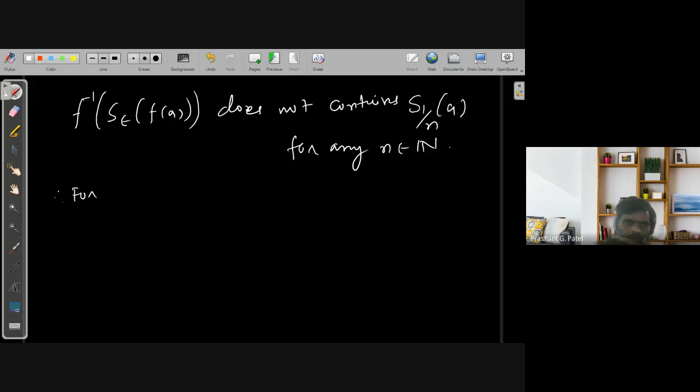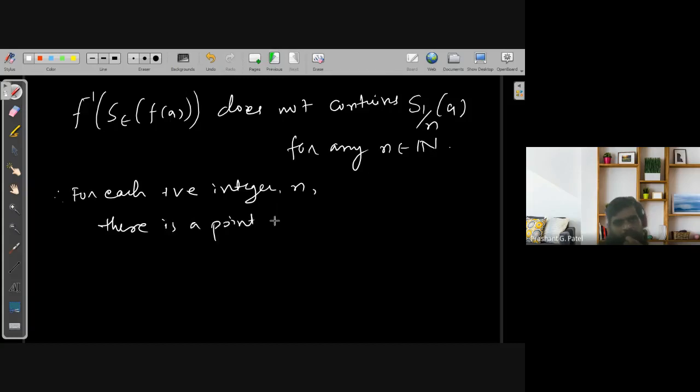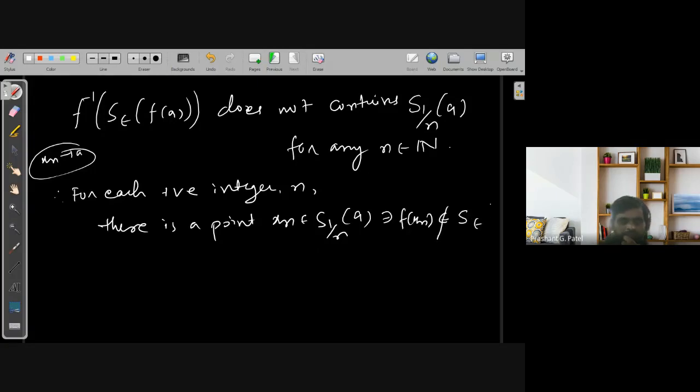Therefore, for each positive integer n, there is a point xn belongs to S 1 by n of a, because we are given that xn converges to a, such that f of xn does not belong to S epsilon of f of a.